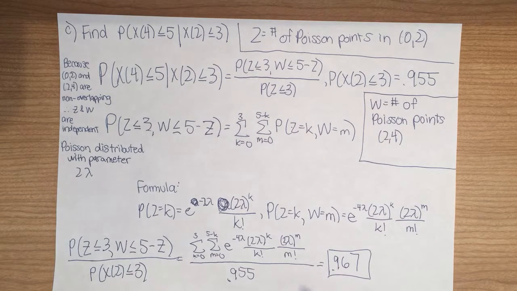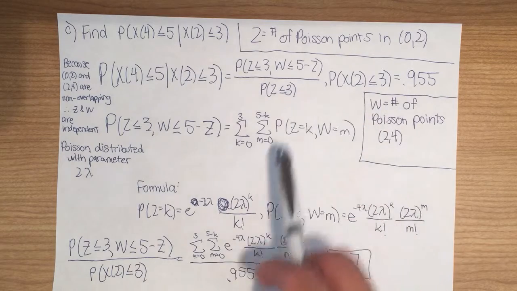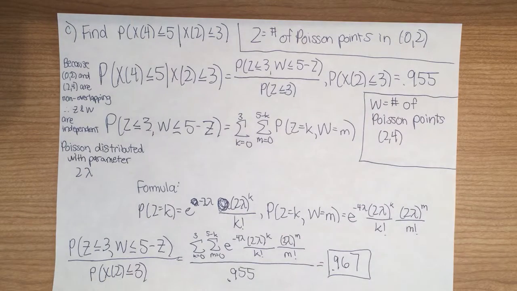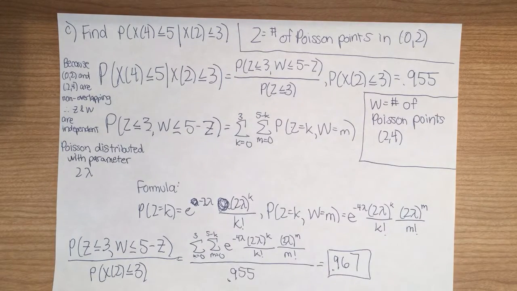As you can see, this is the conditional probability. We know the probability that X(2) is less than or equal to 3 is 0.955. We know that part, but we need to find the top part. How do we find it? We set Z equal to some arbitrary value, let's say k, and we set W equal to some arbitrary value, let's say m.